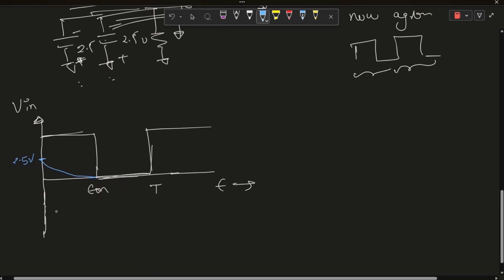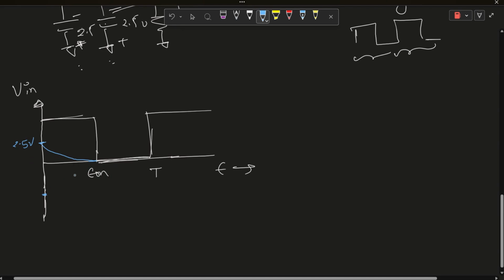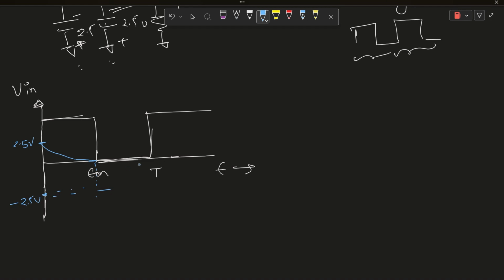It will start decreasing exponentially, and then when it reaches t on, V out reaches 0 volt, but instantly it will again rise to minus 2.5 volt, and then it starts decreasing, eventually reaches 0, and then the cycle repeats, and we get this waveform. So this is the input waveform. Hope you like the solution.